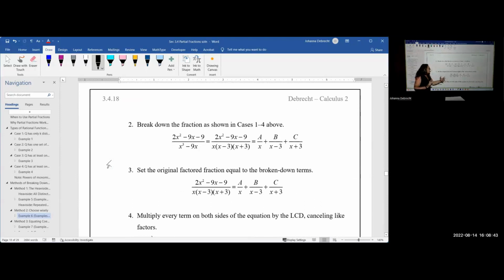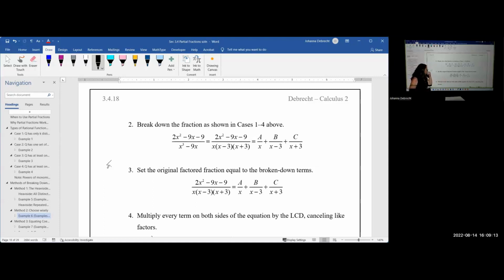Then we're going to decompose the expression into the sum of simpler fractions with the linear factors in each denominator. And if there are repeated ones, each power of the repetition is there as well. If there are quadratic factors, we'll have quadratic factors as well with linear numerators. So we're going to break it down.